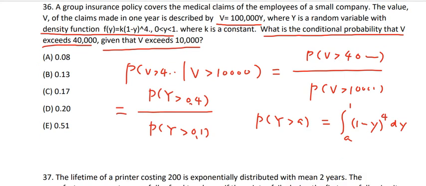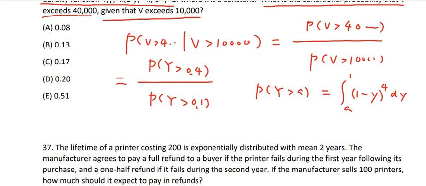So for this one, we use substitution. We let 1 minus y equal t. So this equals t to the 4th dt, but dy equals negative dt. So the upper bound, when y equals 1, equals 0. When y equals a, it's 1 minus a.